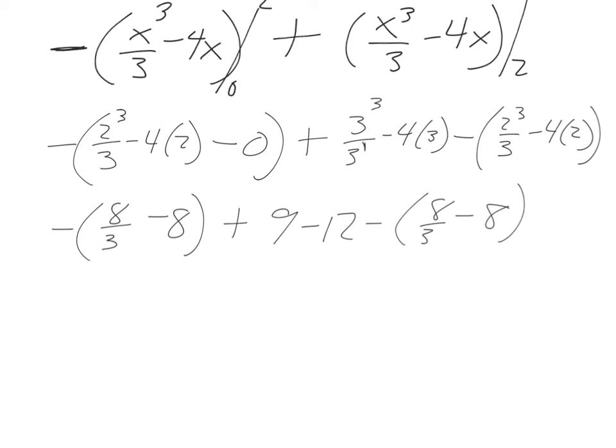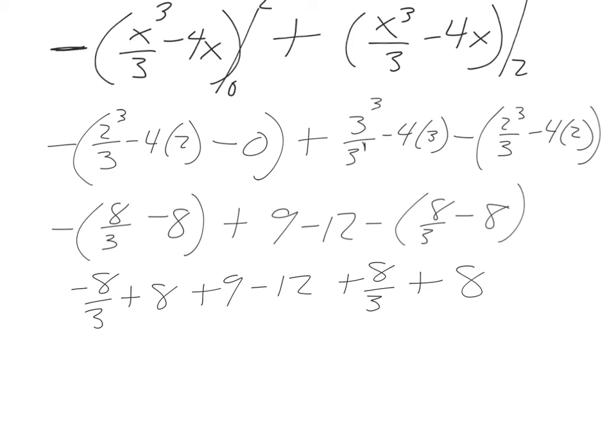All right, so let's go ahead and distribute these negatives. This is really like saying negative 8 thirds plus 8 plus 9, minus 12, plus 8 thirds plus 8. I'm sorry, that's a negative 8 thirds still here.